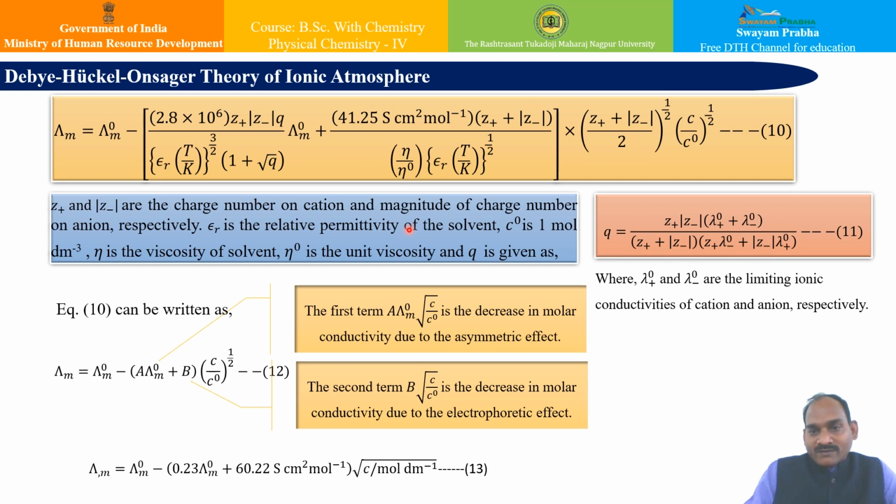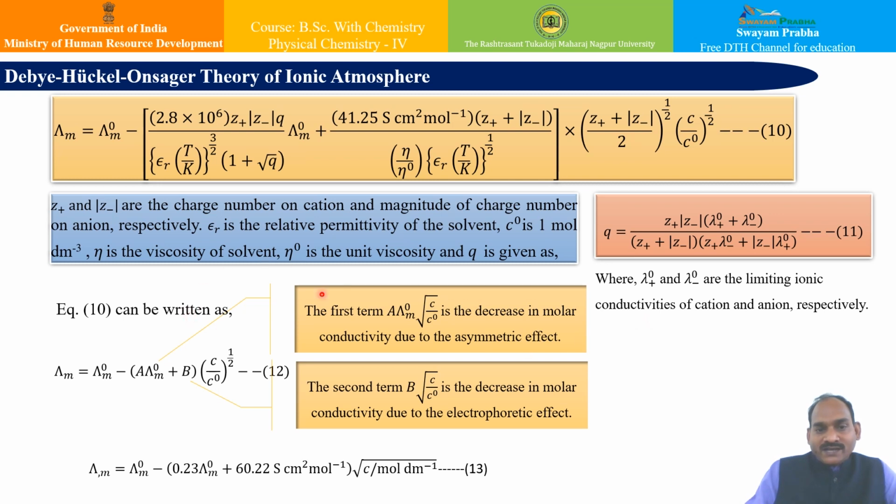Whatever value of Q we have taken over here is after solving this particular thing. Now lambda plus and lambda minus are the limiting ionic conductivities of the cation and anion that we have taken, represented by lambda.